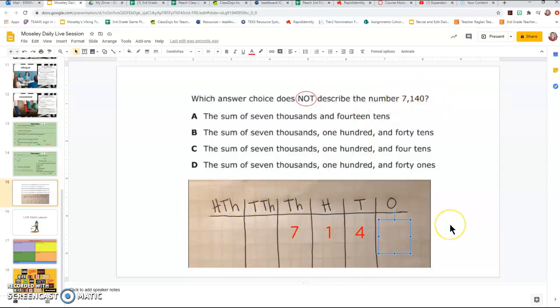So remember what the trick is. What needs to go in that ones place if it doesn't give us any ones? Remember, if it doesn't give us a digit, we always put a 0 in there. Does this number, 7,140, match this number? Yes, it does. Okay, so now we're going to check D.